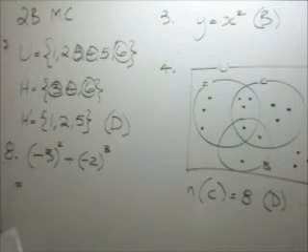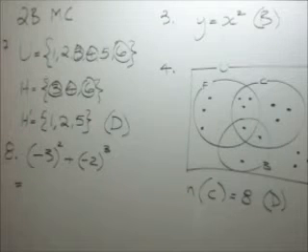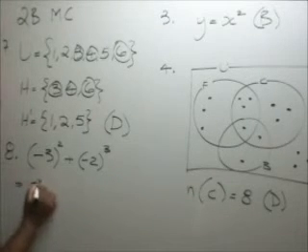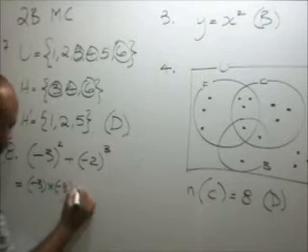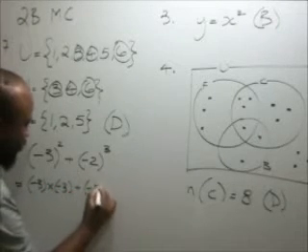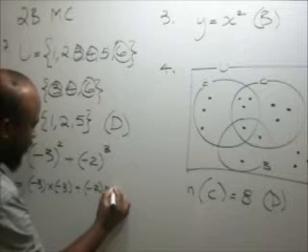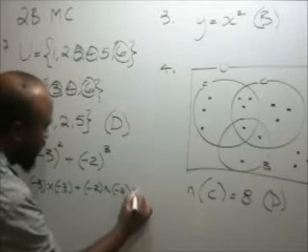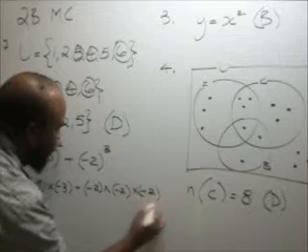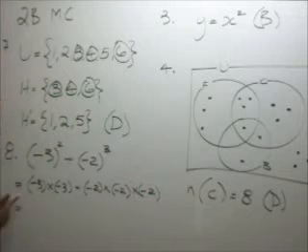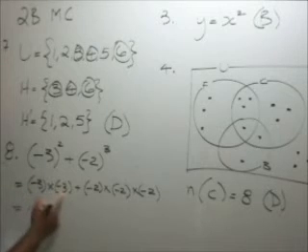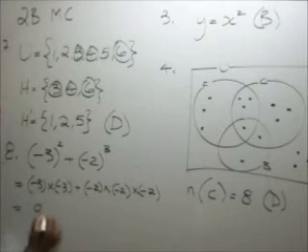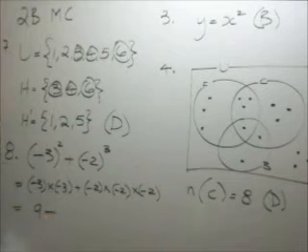First of all, minus 3 squared means minus 3 multiplied by minus 3, plus minus 2 multiplied by minus 2 multiplied by minus 2. Now a negative times a negative is a positive, and 3 times 3 is 9, so that's positive 9.